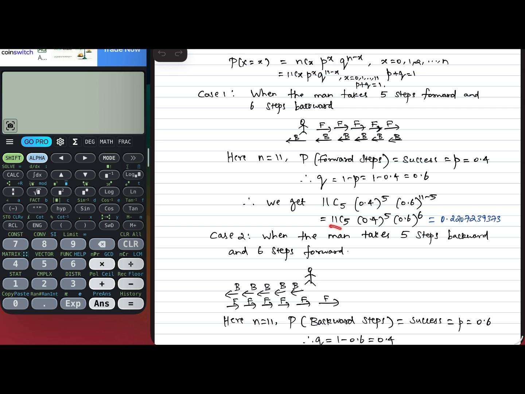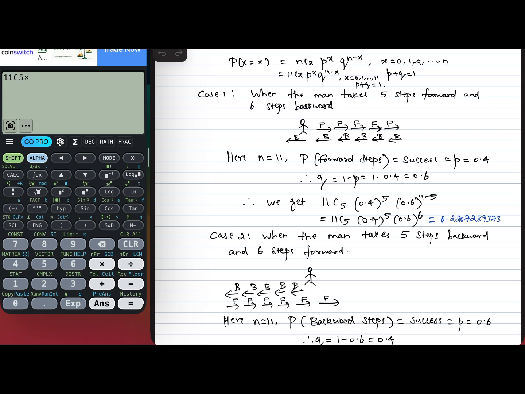So when you compute this, which is 11C5 times 0.4 power 5 times 0.6 power 6, that gives us 0.22072. You can see the calculator on the left side, which is able to solve this problem just by doing it this way.